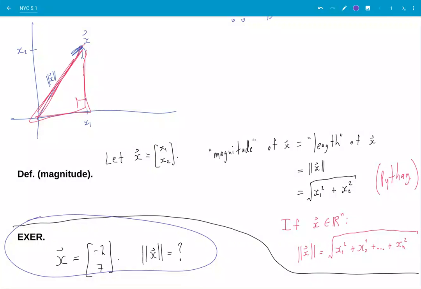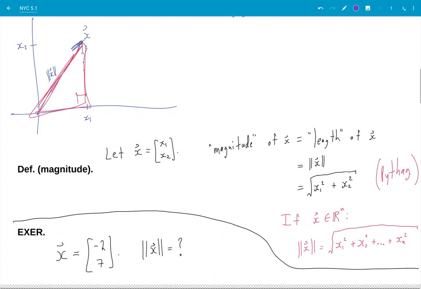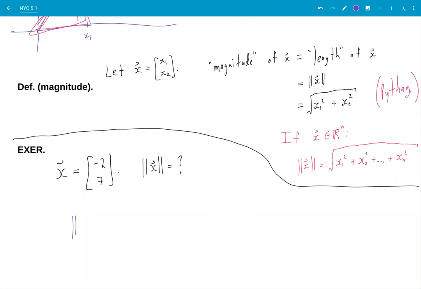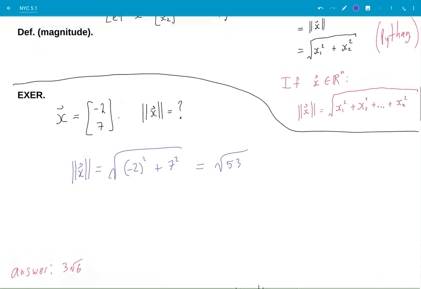Okay, I want you to try this exercise now. So to find the length, we just square the components and add them up. What do you get? You get the square root of 53. My answer is 3 root 6.